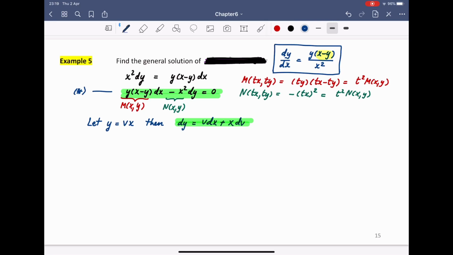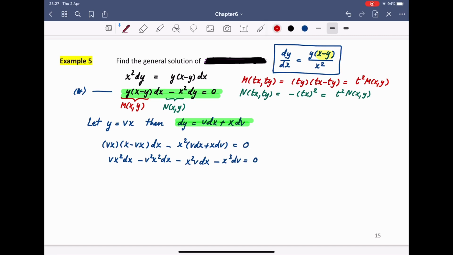So what I get is vx times (x minus vx) dx minus x squared times (v dx plus x dv) equal to 0. What I'm going to do is expand it. So I get v times x squared dx minus v squared x squared dx minus x squared v dx, and then minus x cubed dv equal to 0.